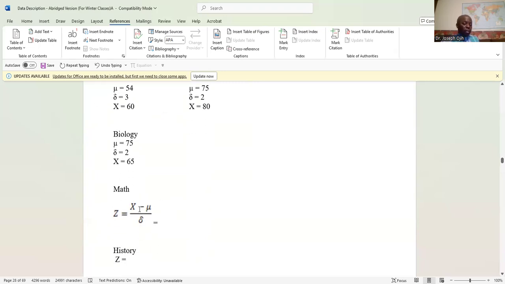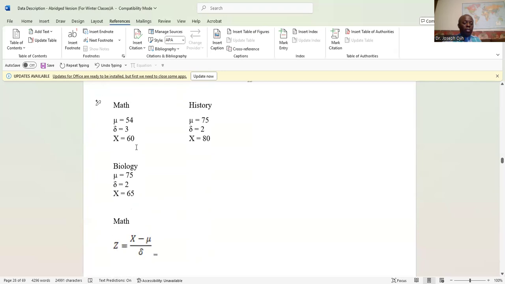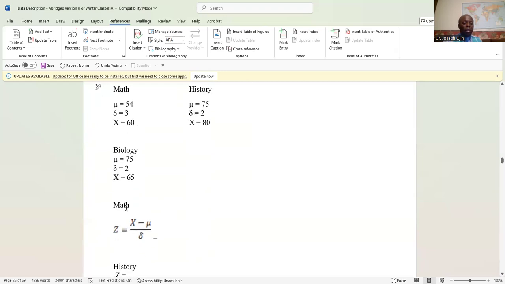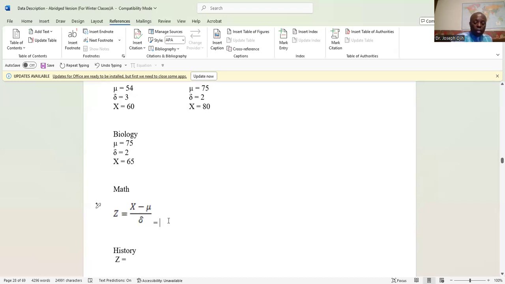So now let's find the z-score for math. It's x minus mean over standard deviation, and x is 60. So that's 60 minus mean of 54 divided by standard deviation of 3. You can see that this is the easiest to calculate. Write this down. Z-score is 60 minus 54 over 3.